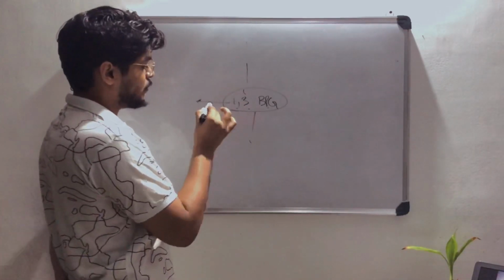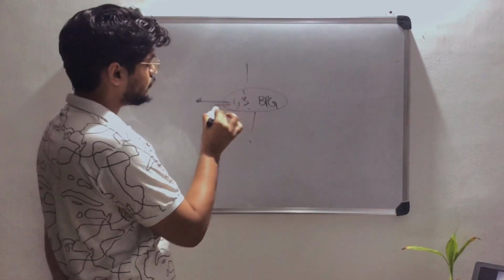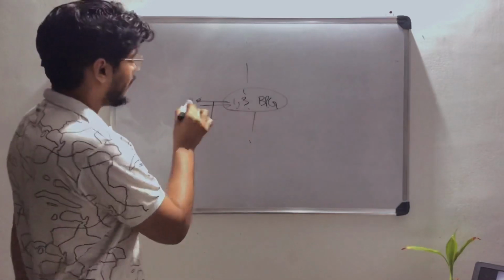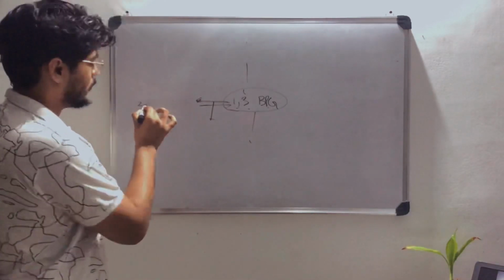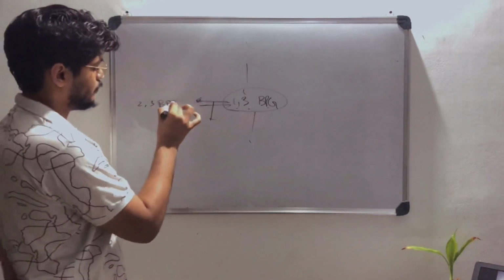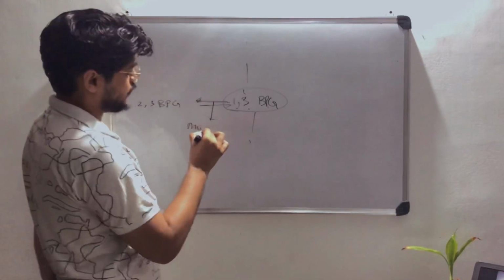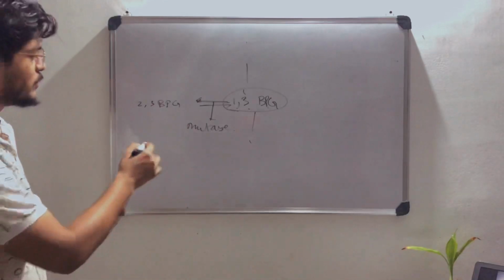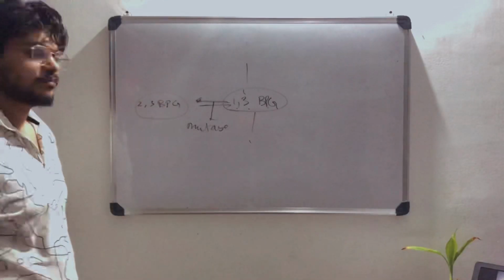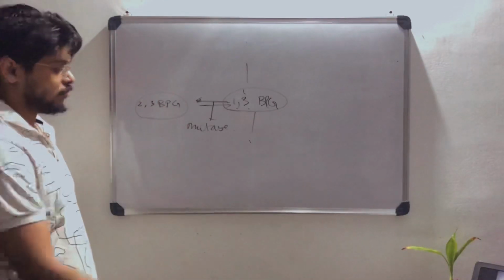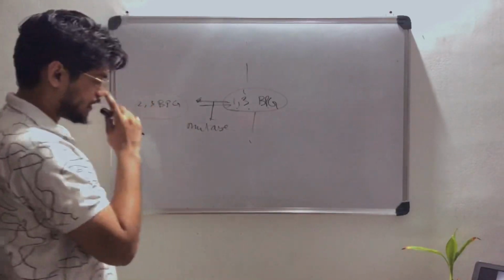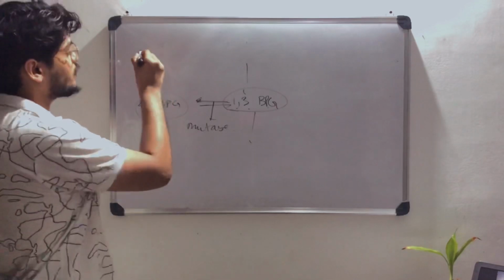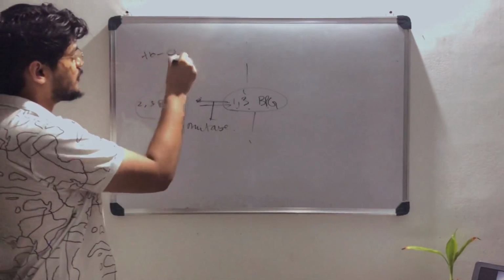And this 1,3 BPG can be transformed into 2,3 BPG by some kind of mutase. It is transforming 1,3 BPG to 2,3 BPG. Understand? So less energy is found, but the thing is that this 2,3 BPG is helping in the release of oxygen from hemoglobin.